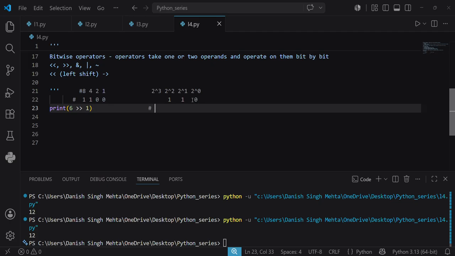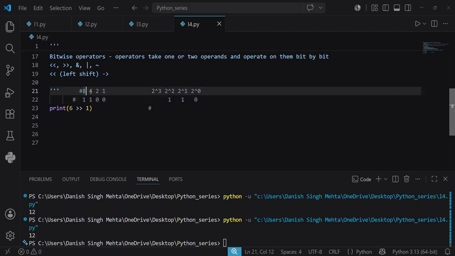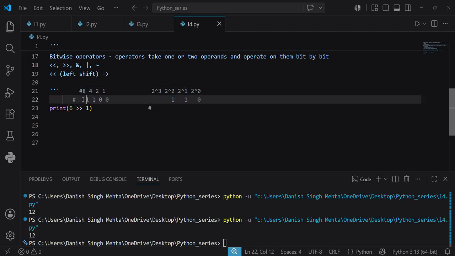So what we have to do is right shift by 1. Here this 0 comes out. This 1 goes below 2 to the power 1. 2 to the power 1 is 2, which means it comes below 2 to the power 0, which is 1, and the 1 from 2 to the power 2 comes below 2 to the power 1.